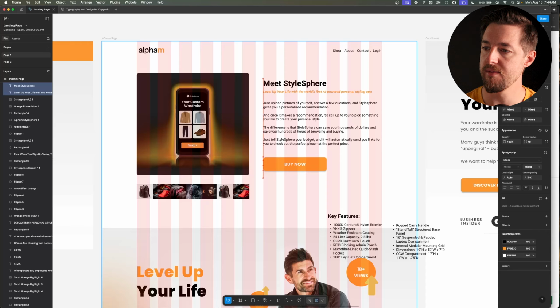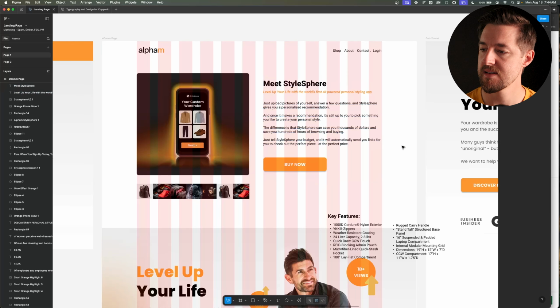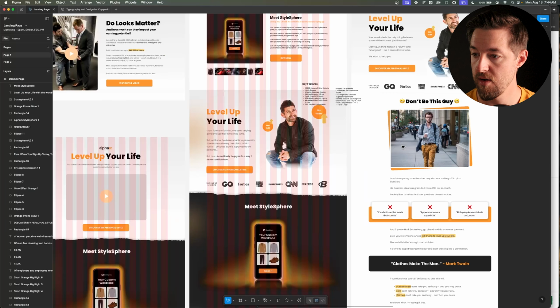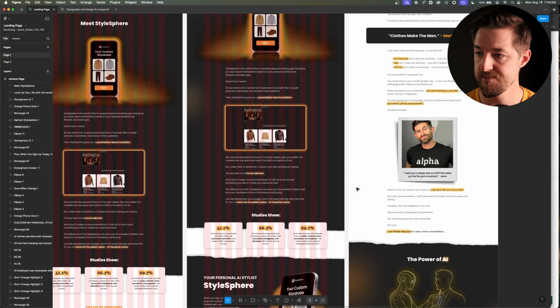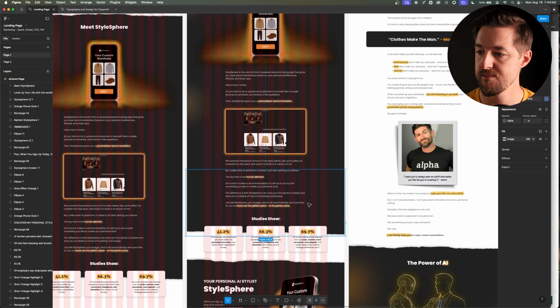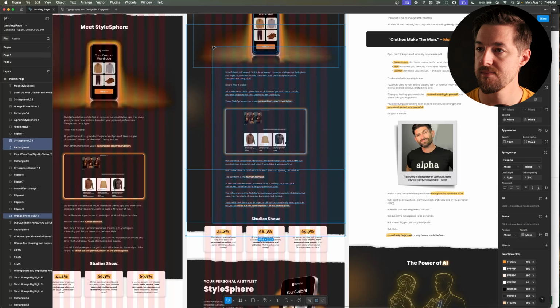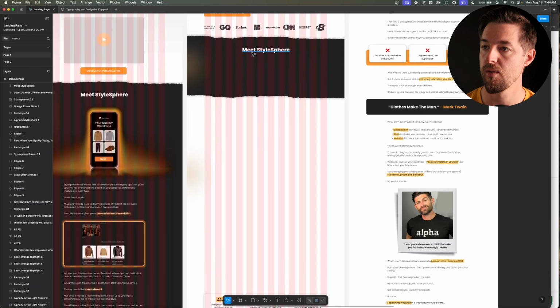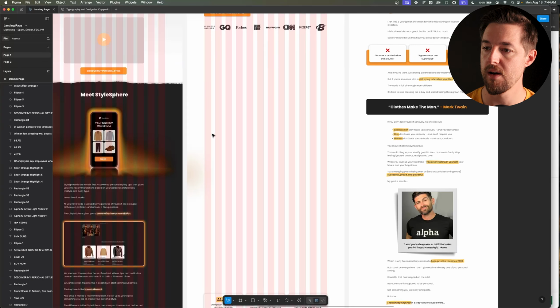All right, so I've more or less dissolved this whole section. Right, got rid of all that.